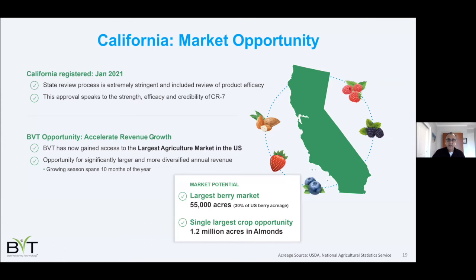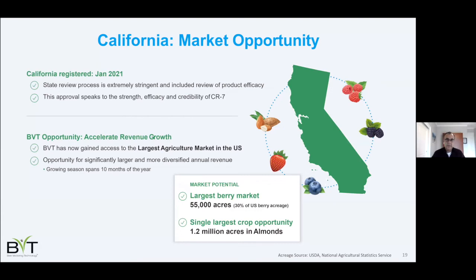Okay, California, we got the registration in late December. The California process is actually quite stringent, and California is not 100% reliant on the federal EPA registration. They run their process independently of Washington, D.C., and their scientists are extremely rigorous.